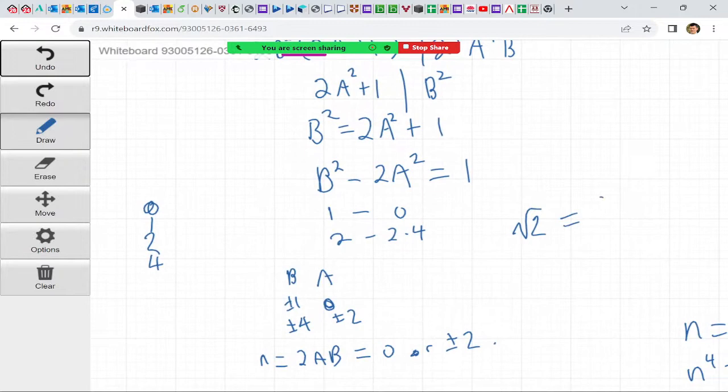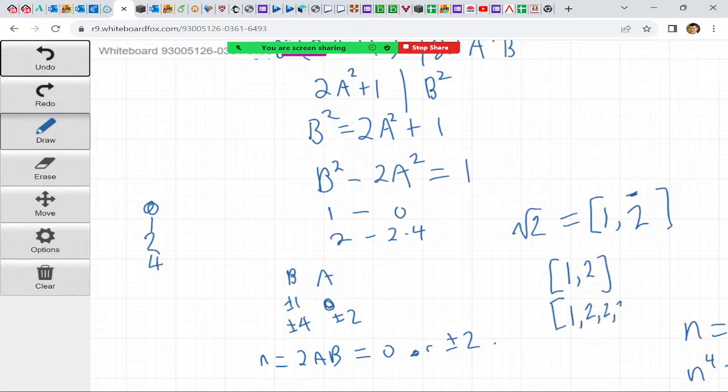And we showed that it's equal to 1, comma 2 repeating. And then it gives you every second one is a solution to Pell's equation. So 1, 1, 2, 1, 2, 2, 2, 1, 2, 2, 2, 2, 2. These are all solutions to Pell's equation.